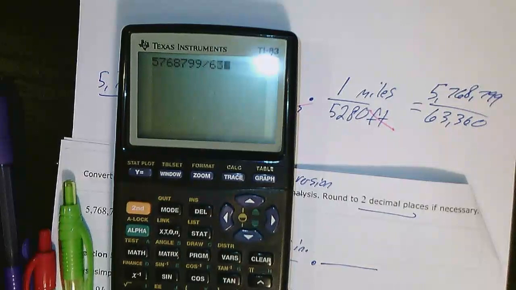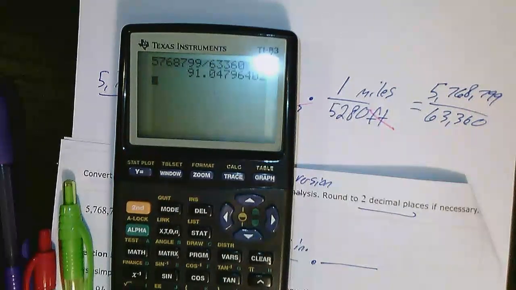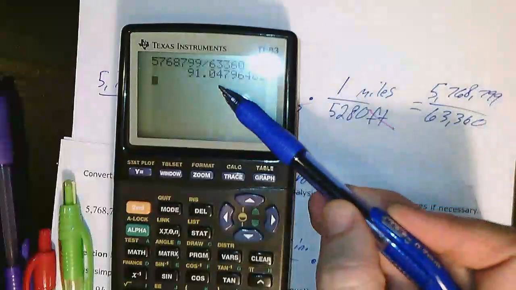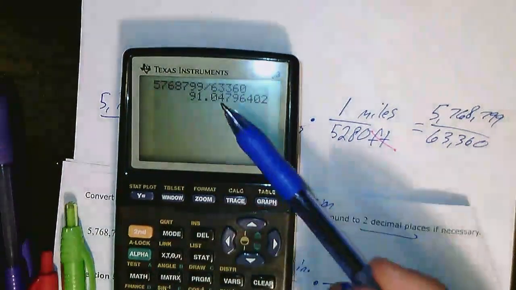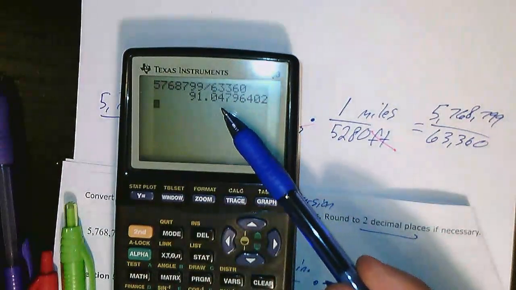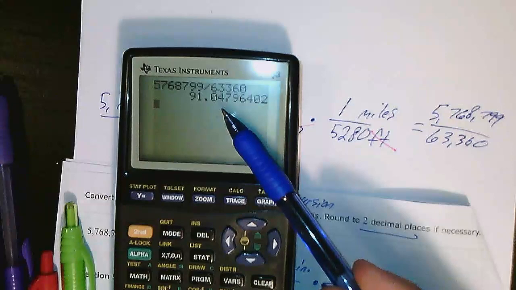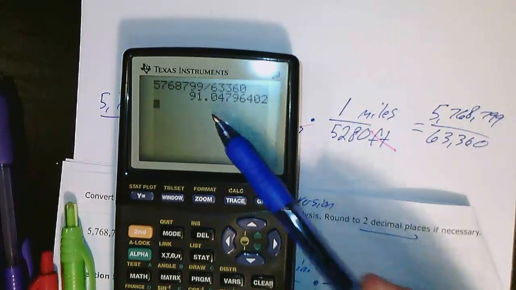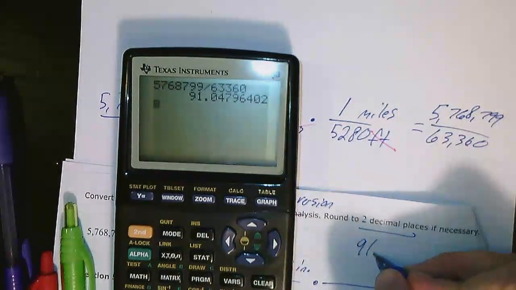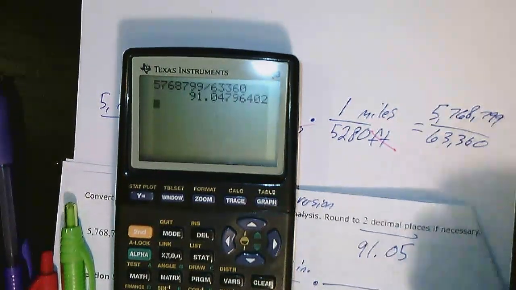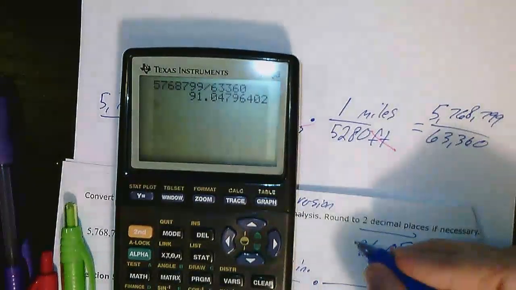Divided by 63,360. To the second decimal place. We look to the right. A 7 is 5 or above, so it bumps this number up to 91.05 miles.